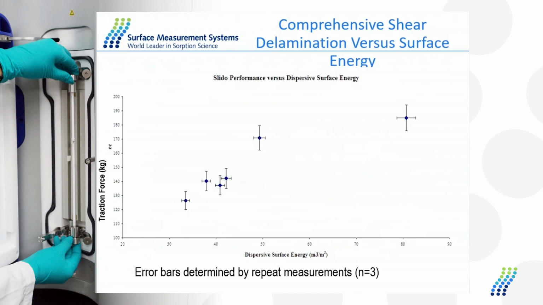So we plotted the surface energy as a function of the traction force, and we can see a relatively general trend is as we increase the surface energy of the polyolefin, we increase the force required to remove the paint. So higher energy in this case led to the paint sticking better to the surface.